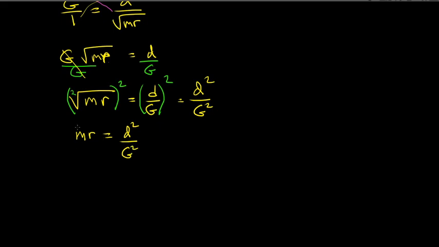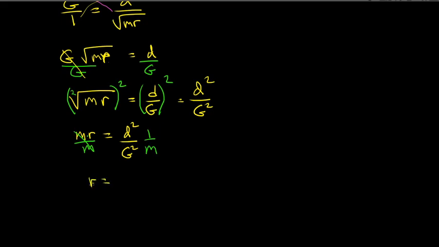Only one thing left to do, get rid of the m. Right? But be careful, this is not m plus r, this is m times r. So we're not subtracting the m, right? The opposite of multiplying by m is dividing by m. So divide both sides by m. And you cancel the m's on the left.